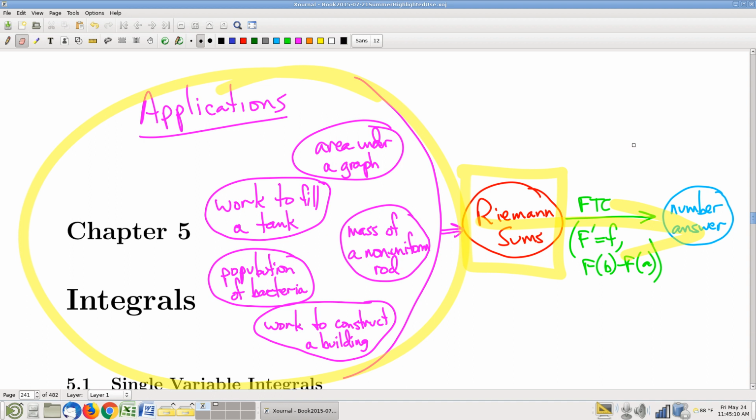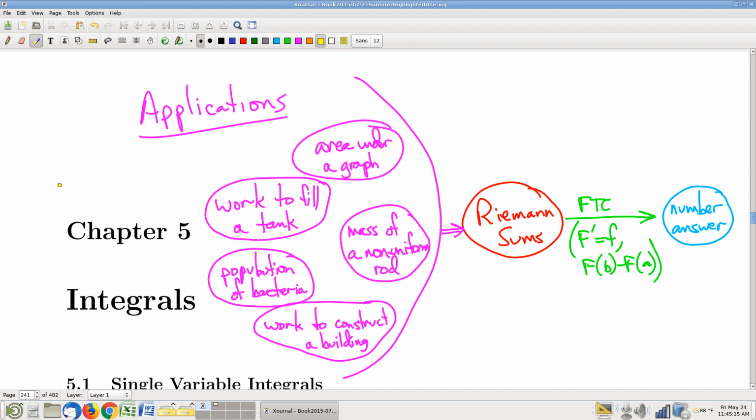We're going to see this continue to be the case in multivariable calculus. Now, a lot of you might be thinking, well, yeah, but I think of the mass of a rod by, look, you're taking density, mass per unit length, and multiplying it by the width of a little piece of the rod.